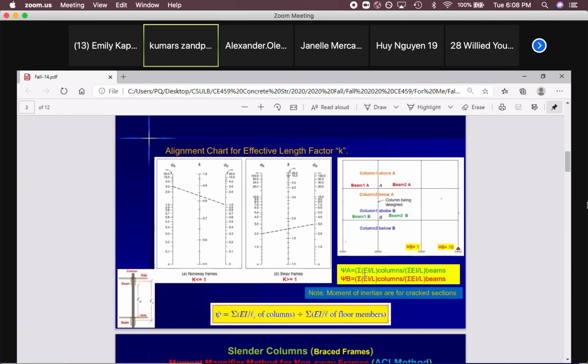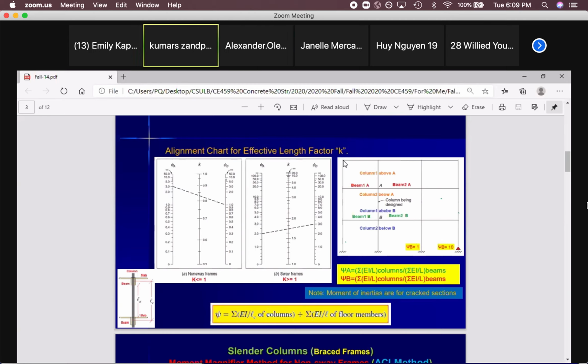Now we are here. Let me ask you one question and give me the answer. If I ask you in an exam to design this column, so A, B. At A, how many columns do you have for this sigma EI over L for the columns? How many columns should I consider at point A? One.